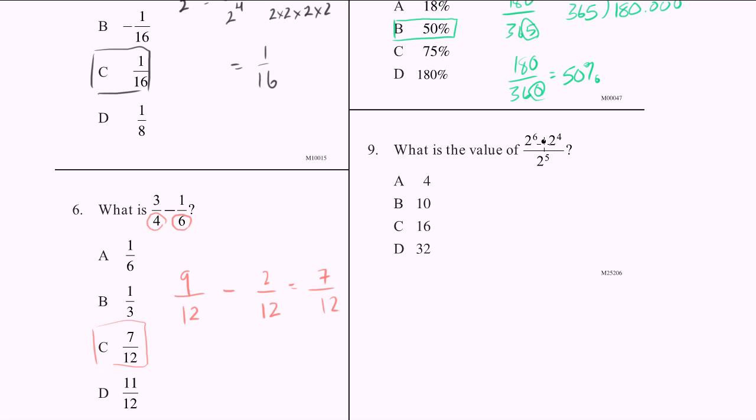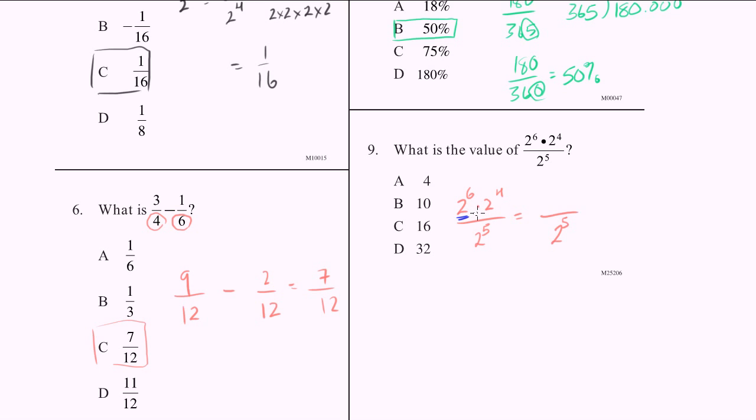When you multiply two exponents that have the same base, let me write it this way: 2 to the 6th times 2 to the 4th, all of that over 2 to the 5th. Let's simplify the numerator first, and I'll keep the denominator the same. When you multiply two exponents with the same base, you essentially can just add the exponents.